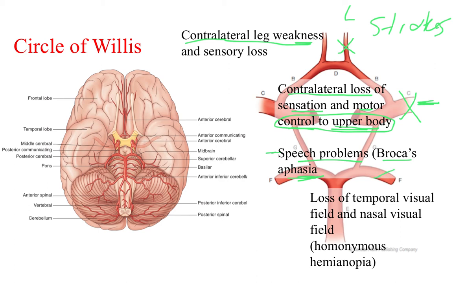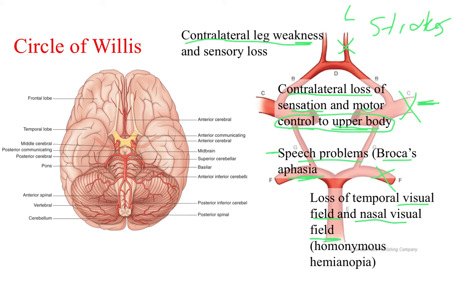Okay, finally, if you have a stroke in your posterior cerebral artery, that will result in loss of your visual field, specifically your temporal visual field, so that which is vision to the side, so visual loss to the side of the midline of your eye, as well as the nasal visual field on the other eye.